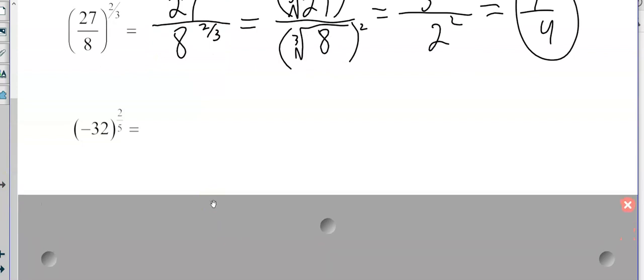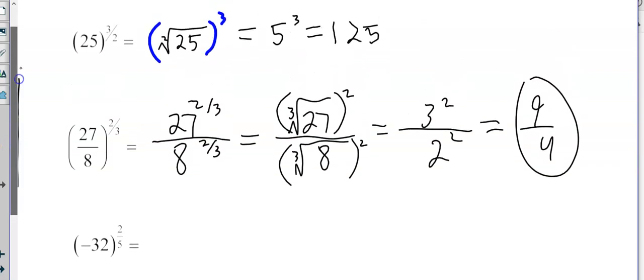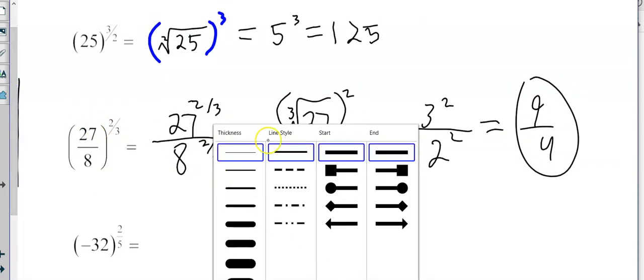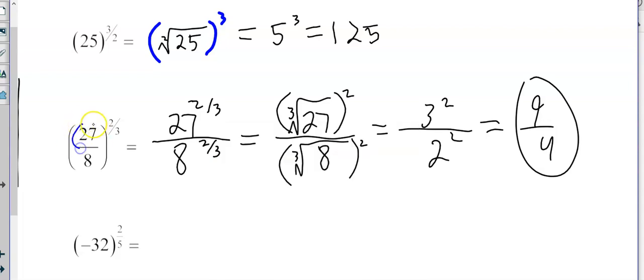Ooh, this gets a little tougher. So if you don't happen to know, like that one, it really helps to know. Maybe I went too fast there. If you don't know the cube root of 27, when you get here, do the prime factorization of 27. If you're stuck, do the prime factorization. 3 and 9, 3 and 3. So the prime factorization of 27 is 3 to the third.